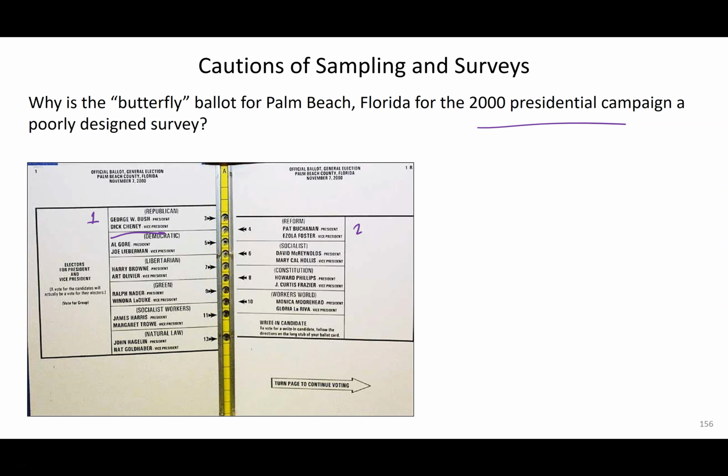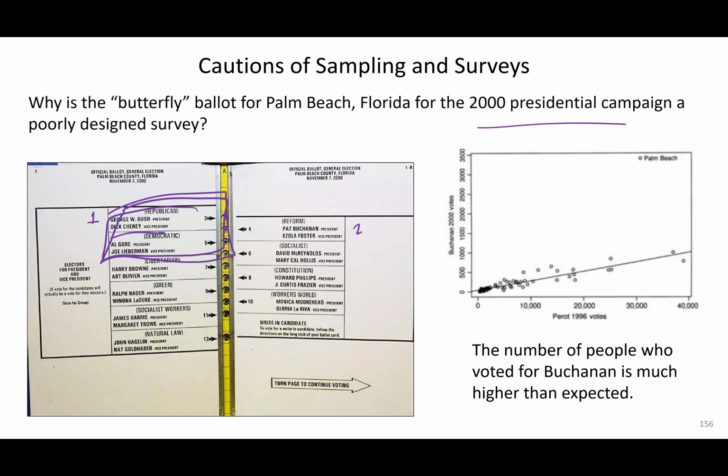Usually the way these ballots are set up, the first two are the Republican and Democratic nominees. The order they're put in totally differs by state. So absolutely, most people voted in those two boxes. What ended up happening is way more people voted for Pat Buchanan than anticipated.